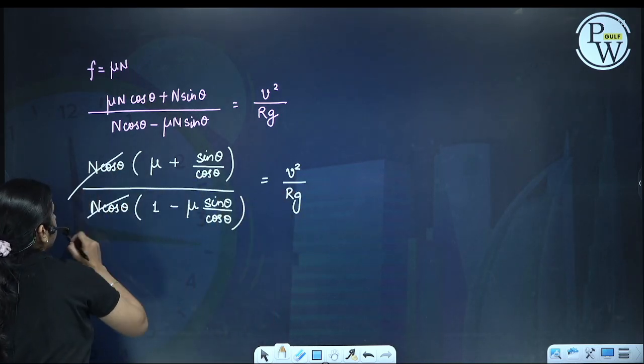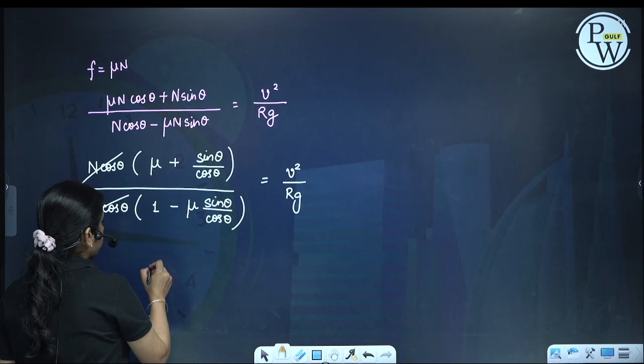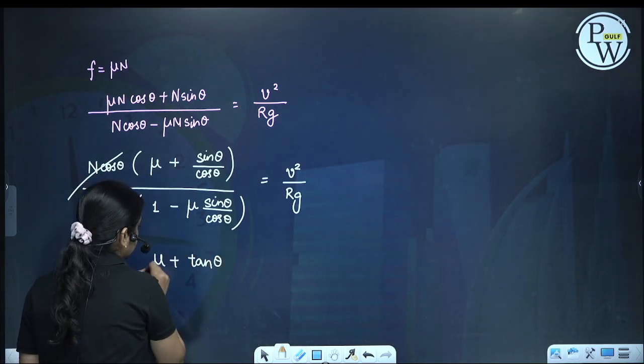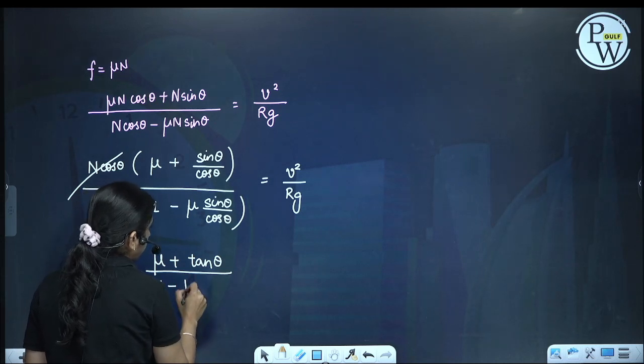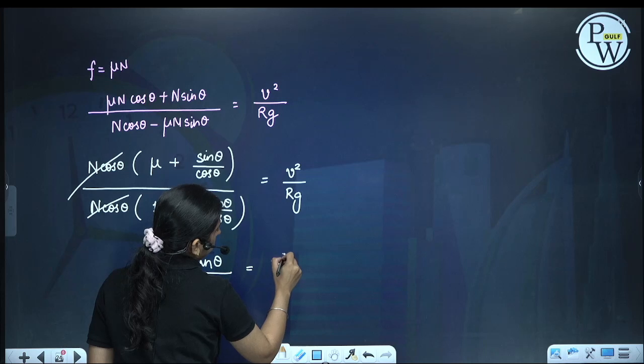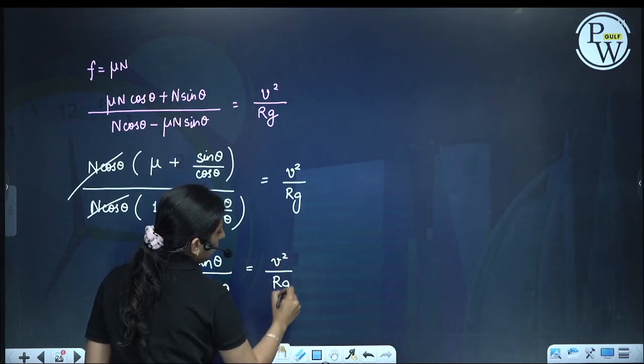This n cos theta gets cancelled, so we get mu plus sin theta by cos theta, which is tan theta, divided by 1 minus mu times tan theta, is equal to v square by rg.